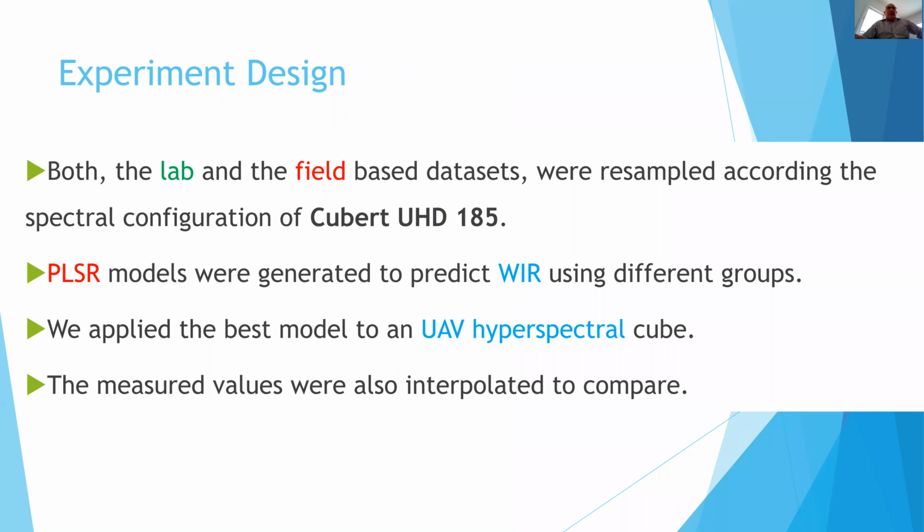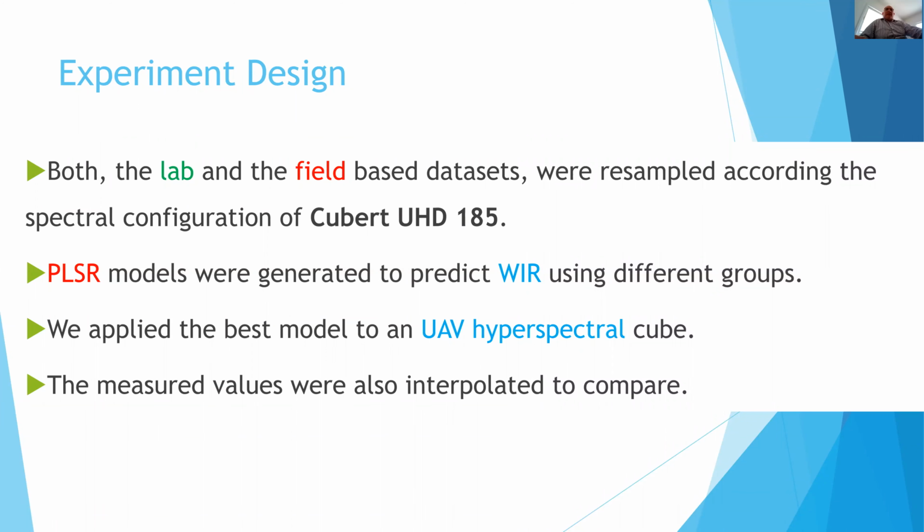And what we did, we collected all these soil samples and resampled them to the Cubert hyperspectral sensor, 185 bands. We ran a PLSR model to find out the possibility of spectrally modeling the water penetration rate into the soil profile.